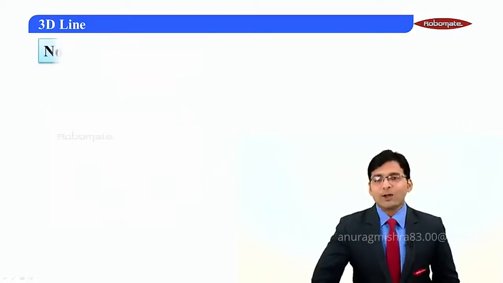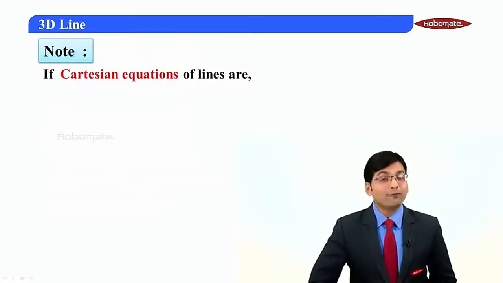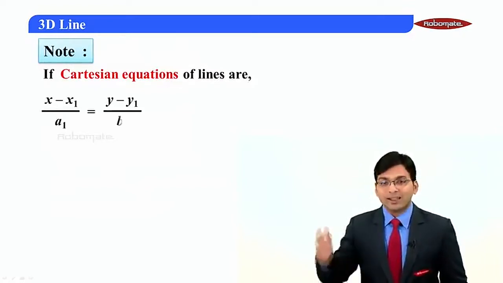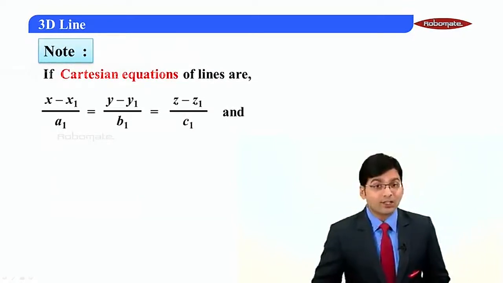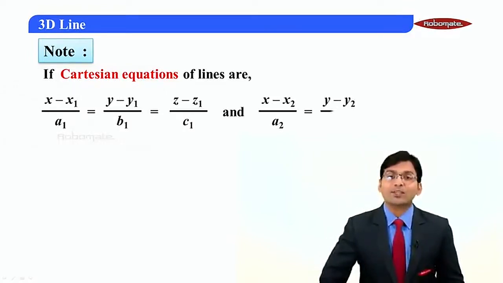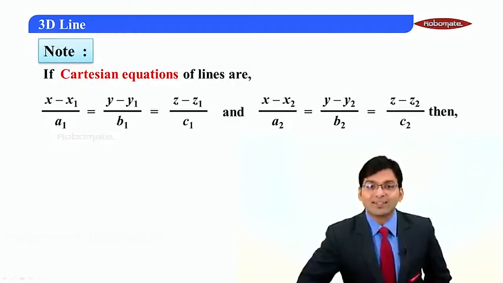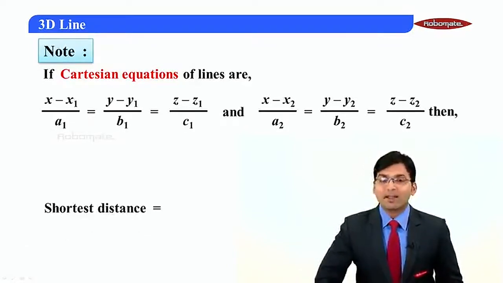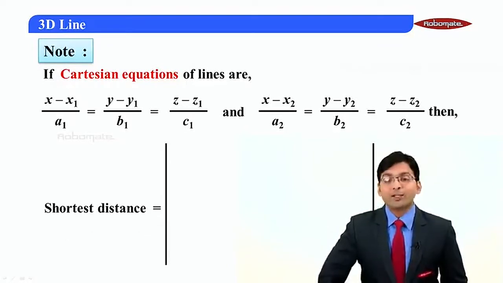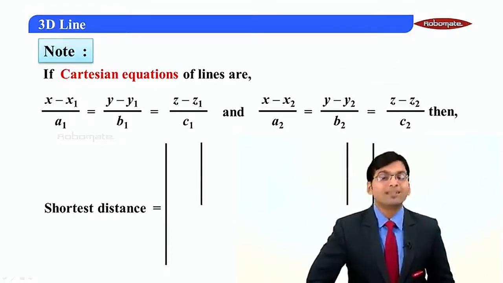Right students? Now in a note we say if Cartesian equations are given, that is the first equation is in Cartesian form, similarly the second equation is in Cartesian form, then students we can still find the shortest distance, and it is given by the magnitude or mod of the numerator, which is a determinant.